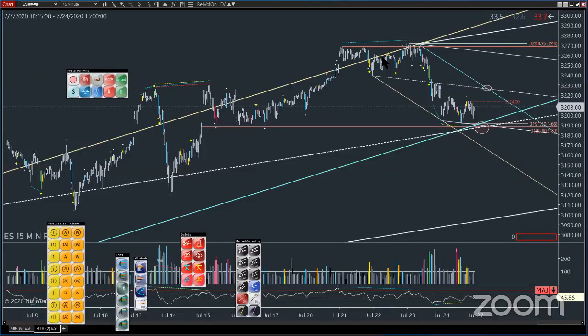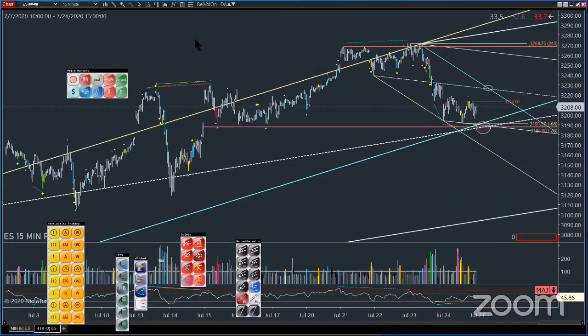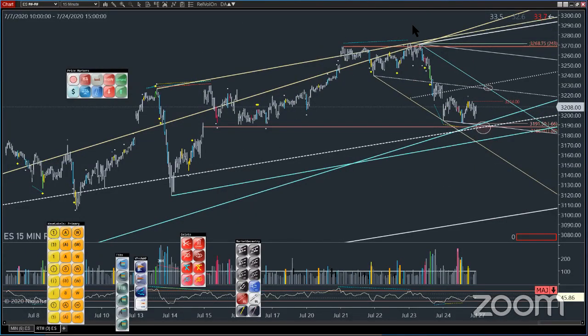So that's going to be wave A down low here, B back up, and then probably C down. By that time, we might be looking at something more like this, making it down to the bottom of that channel down here. We'll have to wait and see, but right now it's made a beautiful higher low right off of that trend line, close enough.